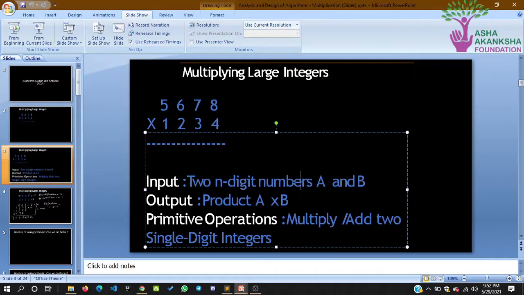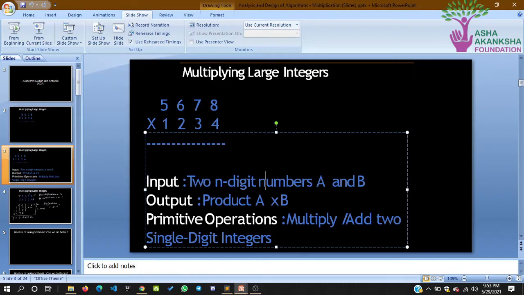I will be assuming both of them to be positive, but you can take any of them as negative, and in the end you can just check the sign, either one is negative or both are negative, and on the basis of that you can get the sign as well. So input is two n-digit numbers, and the output will be the product of both of the numbers, and the black box which will do the calculation, that will be the algorithm that we are discussing.